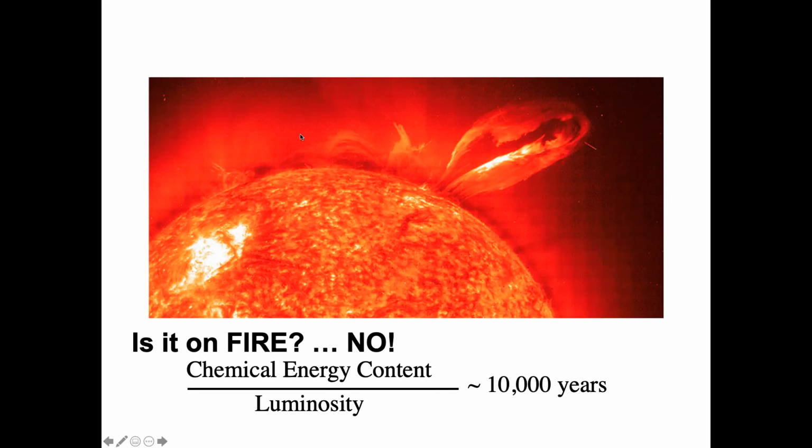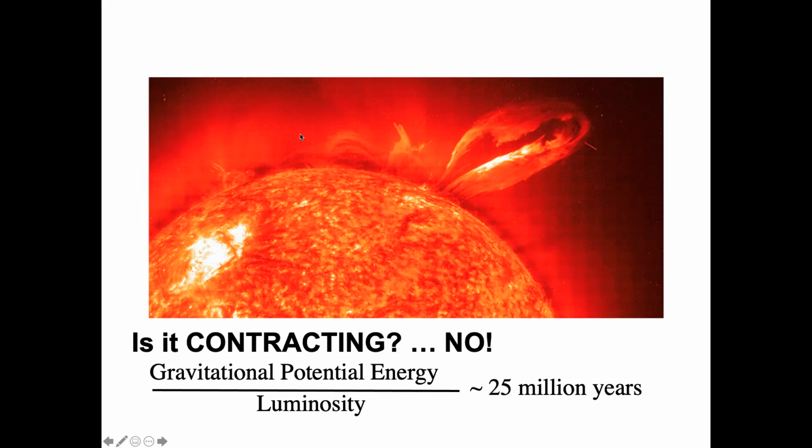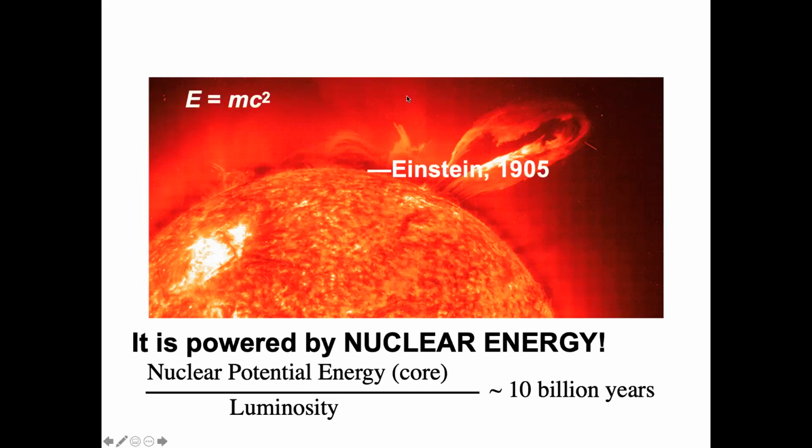Is the sun contracting like a balloon that lets out gas? Is the sun shrinking and this is its energy escaping due to its own gravitational energy? No. Nuclear fission, isn't it? It's not nuclear fission, but it is nuclear in nature. This comes back to work from Albert Einstein.